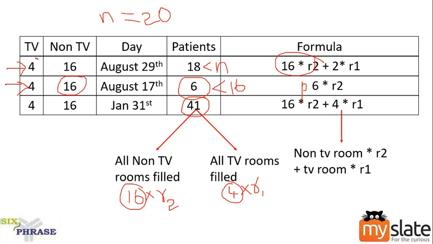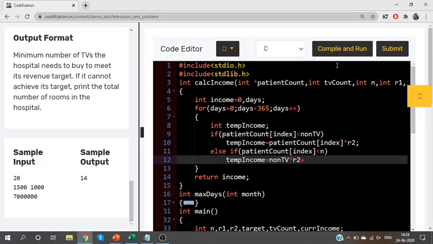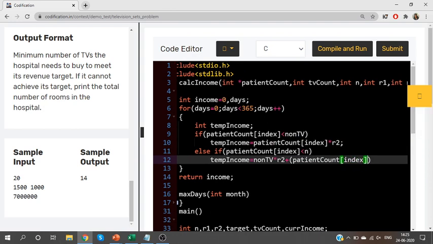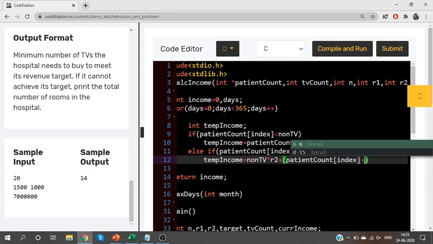I have 4 TV rooms, but only the remaining patients will come to this. Apart from non-TV rooms, how many are remaining? Those persons will come to TV rooms. Your total patient count is 18. From this 18, some will have gone to non-TV rooms.